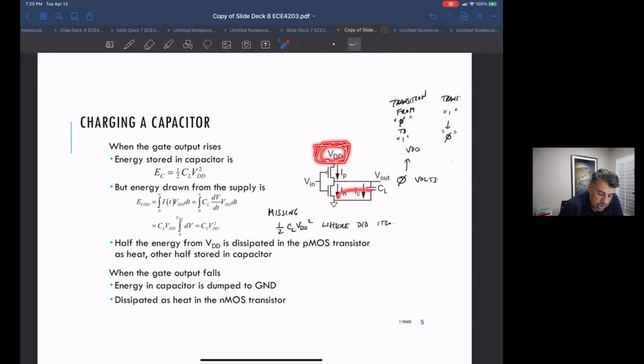We're just discharging this load capacitance. By the way, the energy that was stored in the capacitor, when it gets discharged to ground, turns into heat in this NMOS. I shouldn't put a cross here, it just turns into heat. So it's radiating heat.